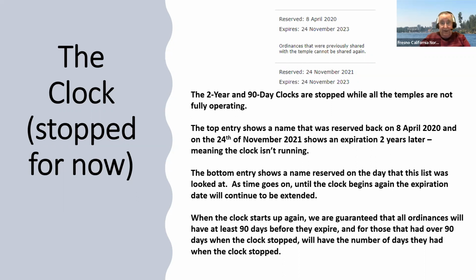So like the next day, it would say expired on the 25th of November. Then the next day, the 26th of November, and so on.